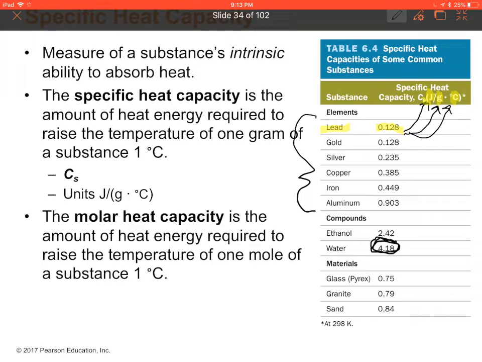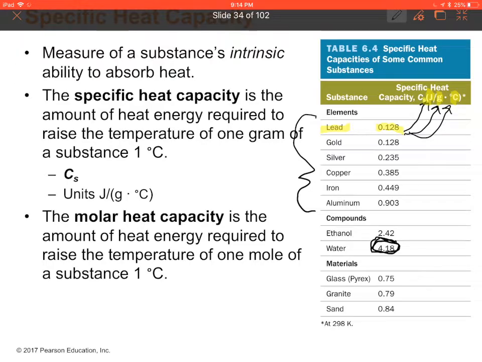It takes 4.18 joules as opposed to 0.1 to raise 1 gram of water 1 degree Celsius. That is why water takes so long to boil. If you're trying to make some mac and cheese, you're going to have to sit there for about 10 minutes waiting for water to boil because its specific heat capacity is very high. And here are other materials: glass, granite, and sand.